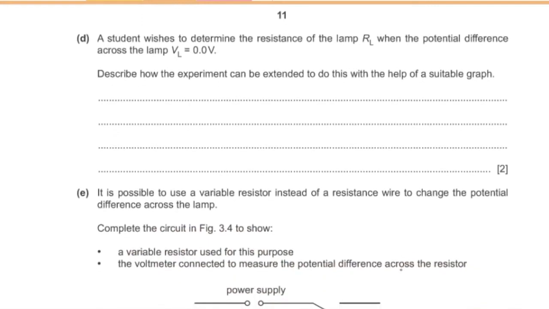Part D, a student wishes to determine the resistance of the lamp when the potential difference across the lamp is 0.0 volts. Describe how the experiment can be extended to do this with the help of a suitable graph. So what we can do is, current stays constant no matter what you do to the voltage or resistance across the lamp. So we can plot a graph of resistance versus voltage.